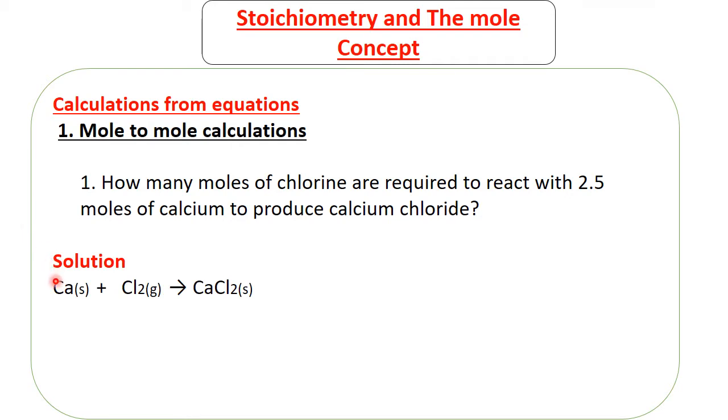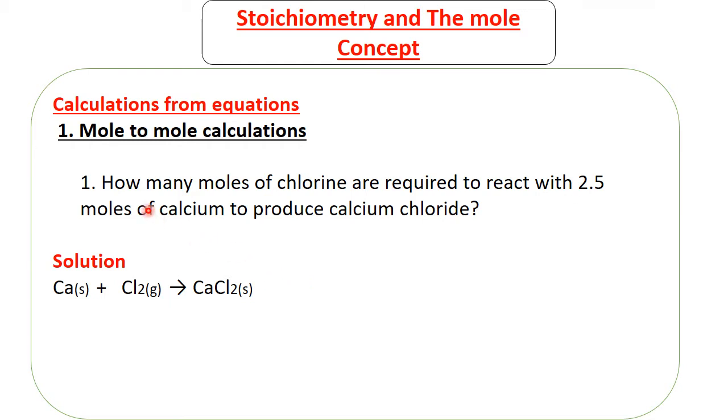We know chlorine is a diatomic molecule. It always exists as Cl2, then calcium chloride. So make sure that your equation is balanced. One calcium here, one calcium here, two chlorines here, and two chlorines here.